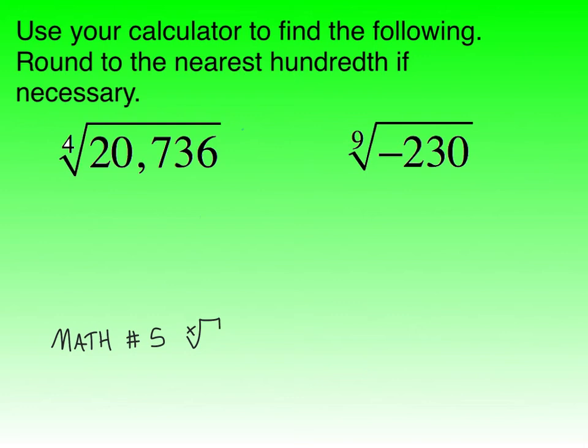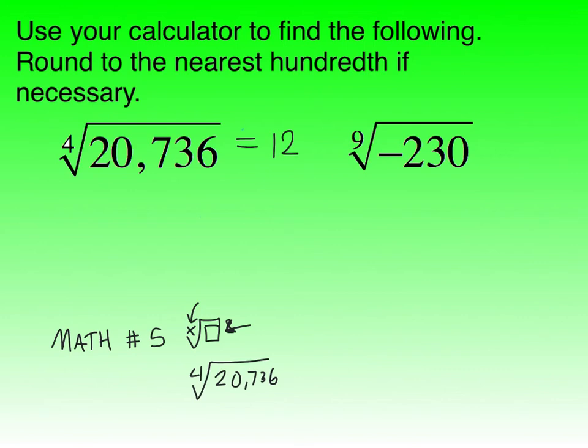If you touch that button, you notice that depending on your calculator, if you have an 84 and a newer 84, you have a flashing cursor right there where you can type in the 4, and then you'd have the radical, and then inside here, you can type in the 20,736 and hit enter, and you would find that that is equal to 12. Okay, so that's math option 5.